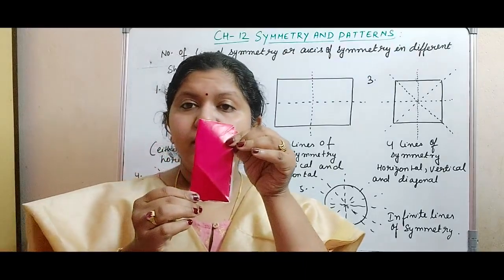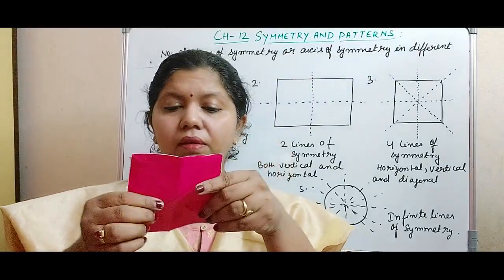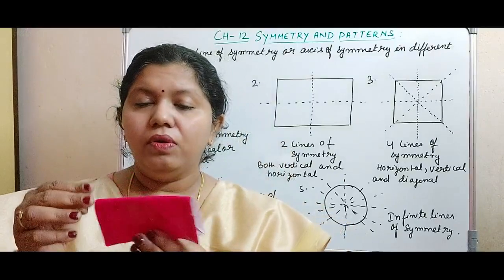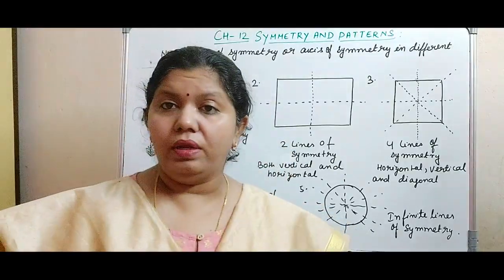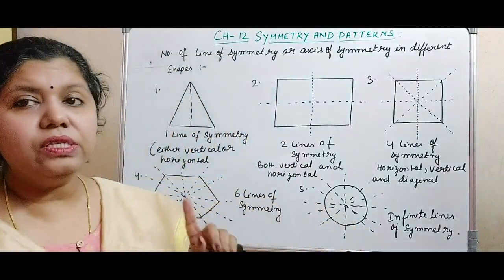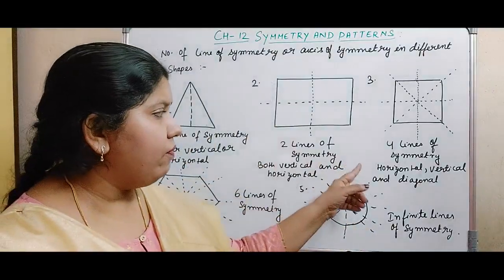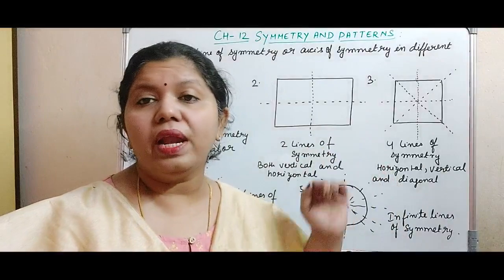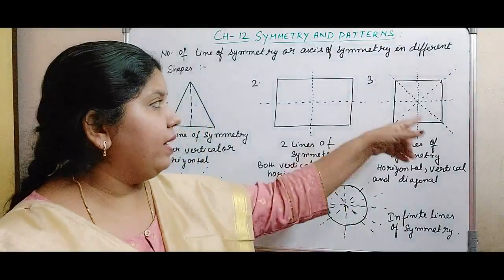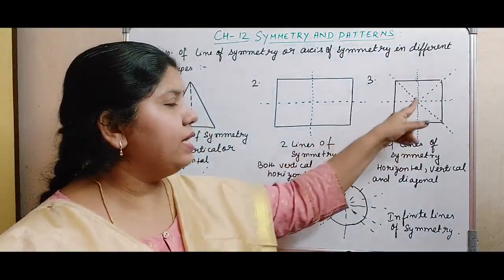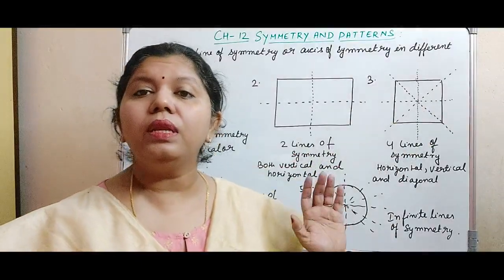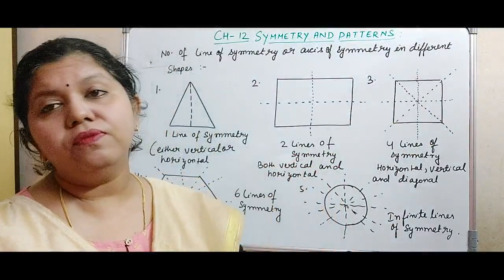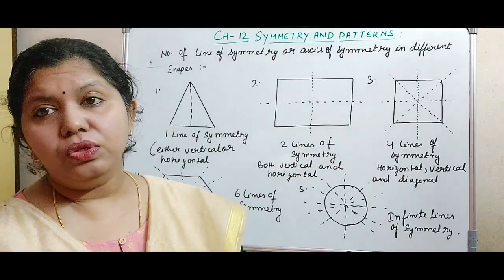This is one way, and another way, horizontally, vertically, diagonally. So all three kinds of lines of symmetry you will find in a square. The total comes to 4 lines of symmetry: 2 diagonals and the horizontal and vertical lines.